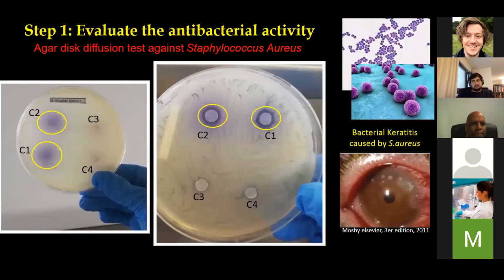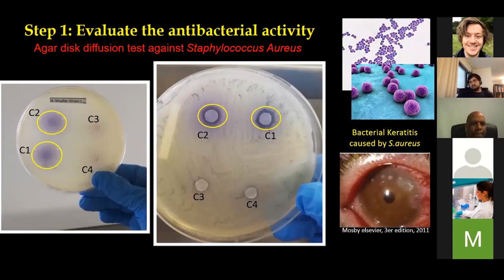So the first step in answering this question was to investigate whether genipin has any antimicrobial activity. And we started by investigating its antibacterial activity against Staphylococcus aureus. This is one of the most common causative agents of corneal keratitis. And we ran a simple and relatively quick test, the agar diffusion test.